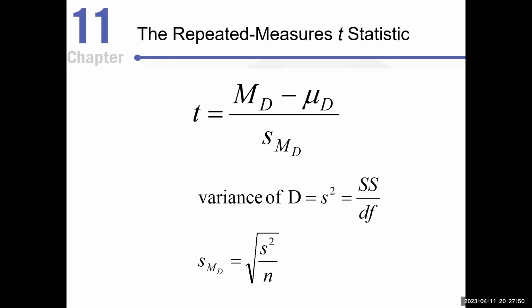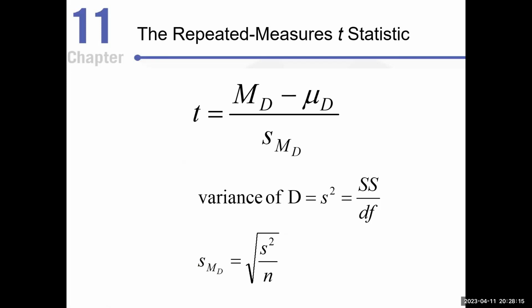Here are all the other statistics that we'll need to know and how to compute them. I'll take you through an example. We're going to be using all of these next. So you have t equals the mean difference minus the null hypothesis value, which would equal 0, over the estimated standard error for the mean difference.